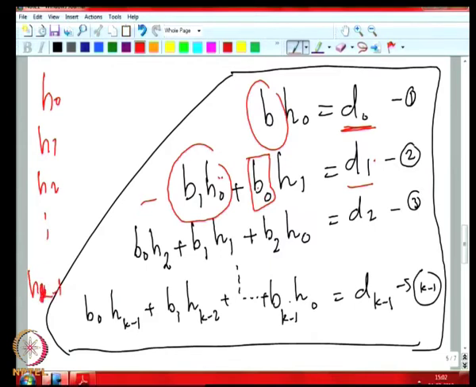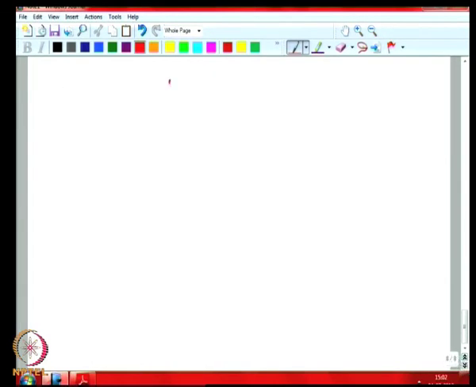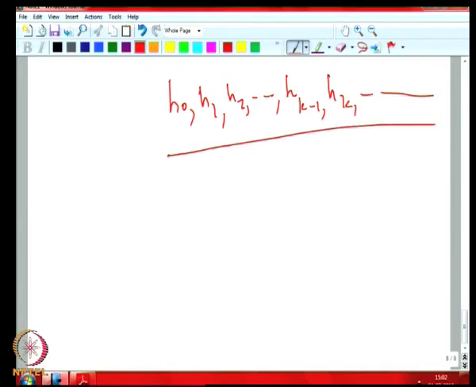So, from there onwards we do not need the value because the recurrence relation is valid, as we have seen before, right. So, therefore, we have obtained a sequence H0, H1, H2, Hk minus 1, Hk, like that, right, satisfying a linear homogeneous recurrence relation with constant coefficients and of order k, and we found the initial values.